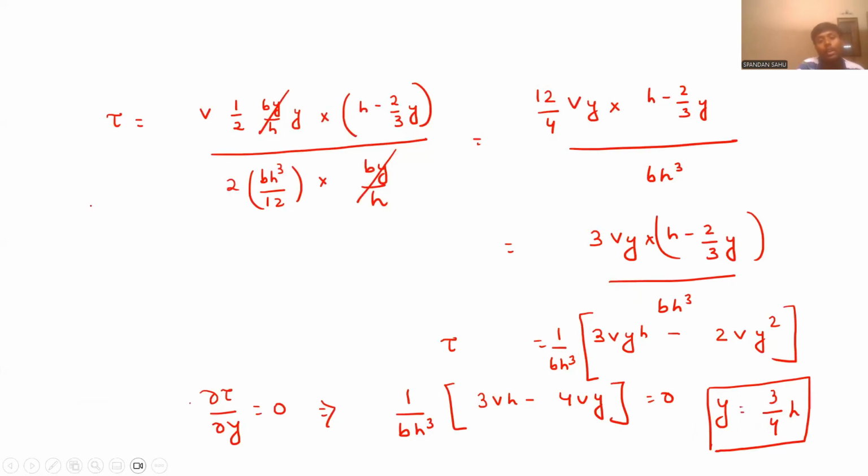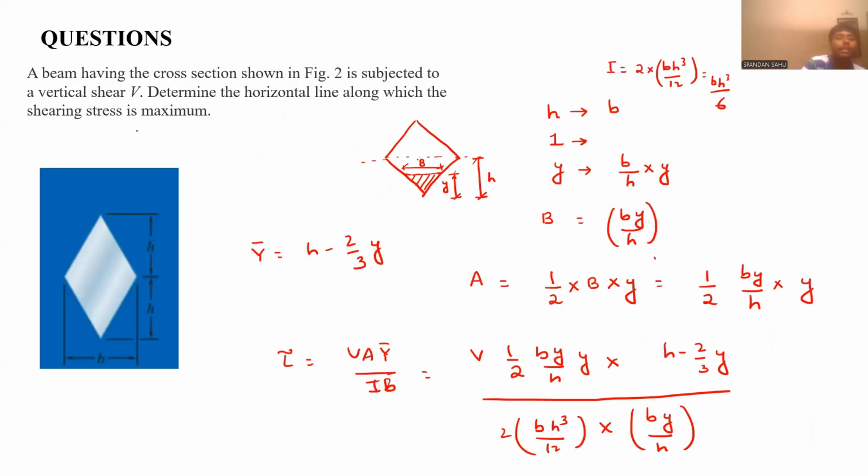So from neutral axis, if you want to write, what will be the distance? Tau max will be at plus or minus h by 4 from neutral axis. So if you go h by 4 up or h by 4 down from neutral axis, you will end up getting the maximum shear stress at that depth.